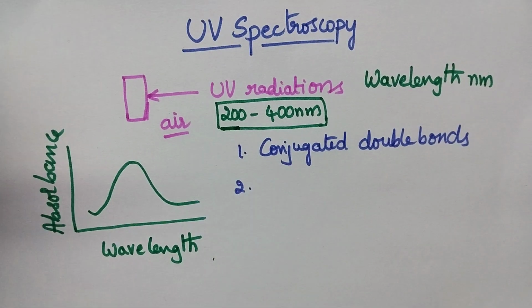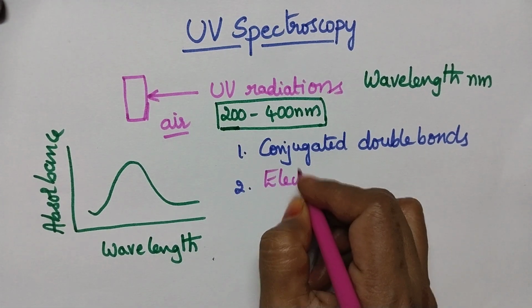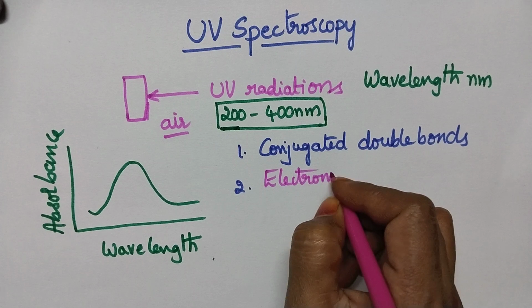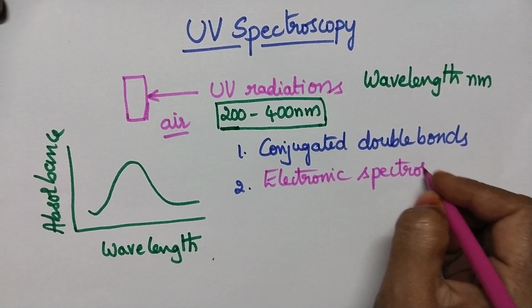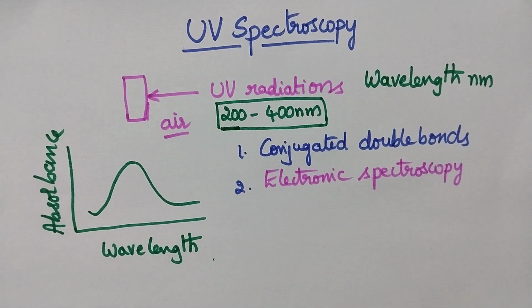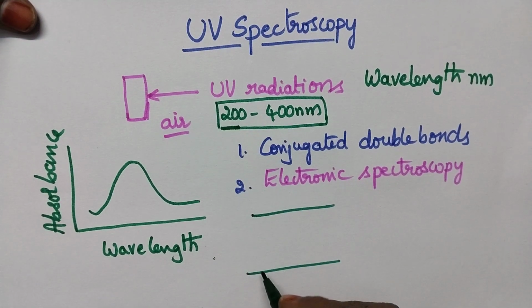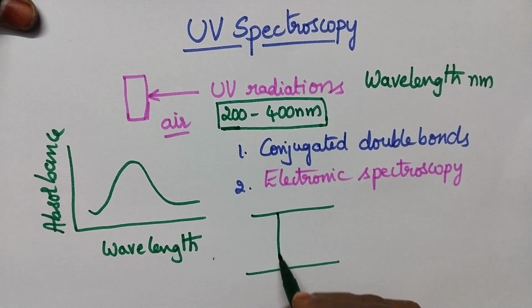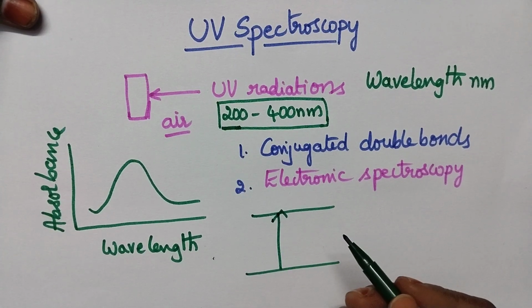UV spectroscopy is also known as electronic spectroscopy. Since whenever energy is absorbed in the UV region, automatically the electrons will be excited from the ground state to the higher energy levels.